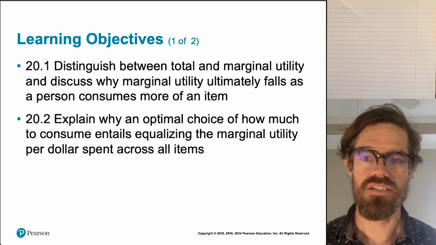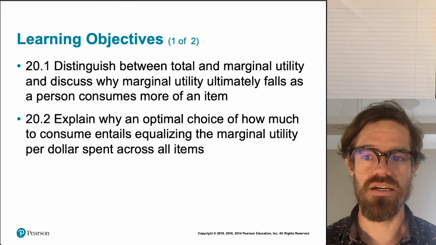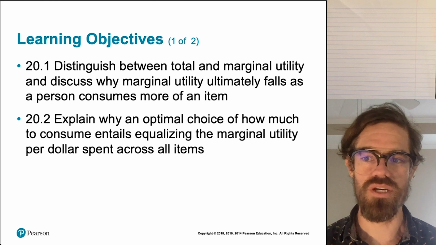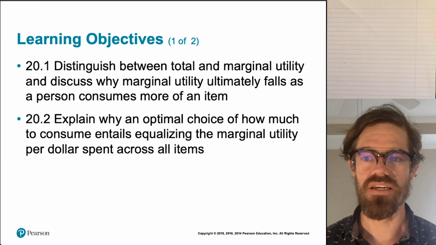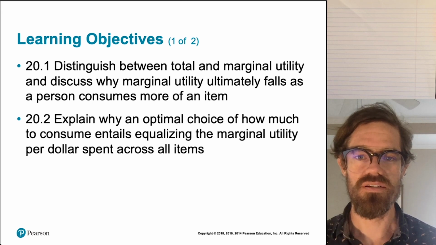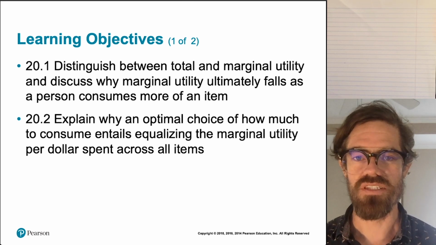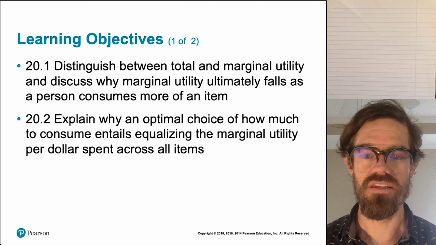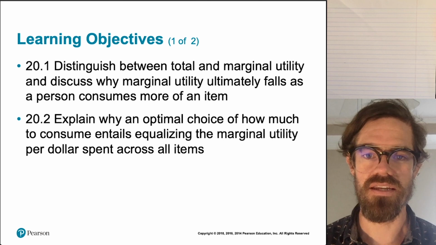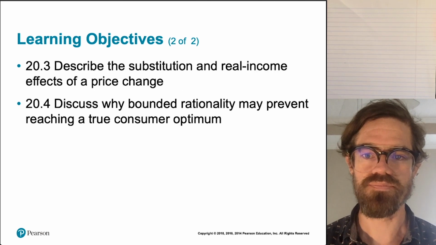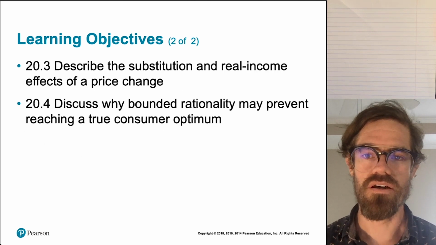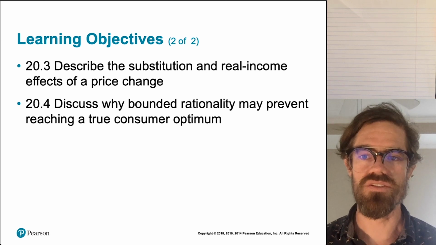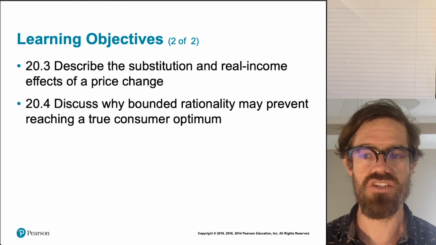Our second learning objective is to explain why a consumer's optimal or best choice of how much to consume entails equalizing marginal utility per dollar across all items that they consume. We'll see that if that's not true, then the consumer is in fact not making an optimal or best decision. Our third learning objective will be to describe the substitution and real income effects of price changes.